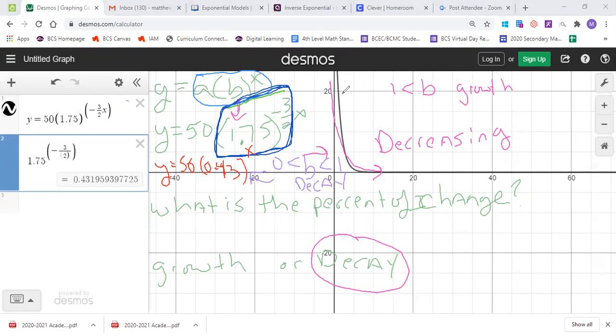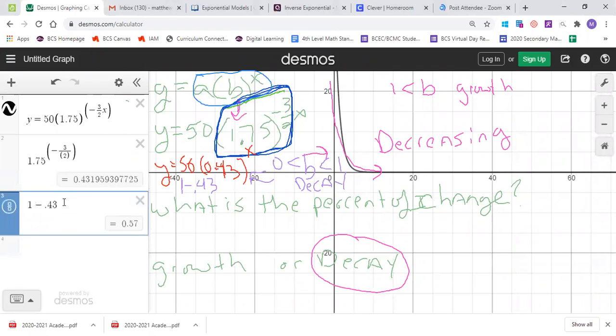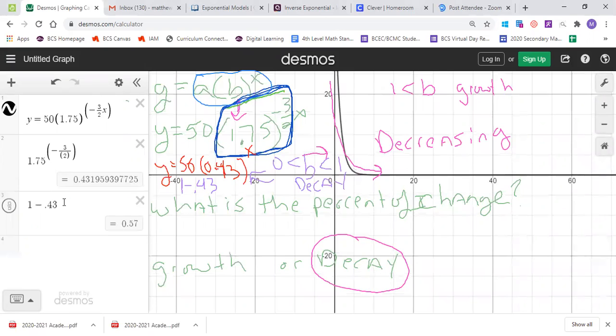And if I want to find the percentage change, I have to find out how far away from 1 it is. So instead of doing 1 plus, I say 1 minus 0.43. And if you didn't know what that is, we can come right over here to Desmos and type it in. 1 minus 0.43 gives us 0.57.